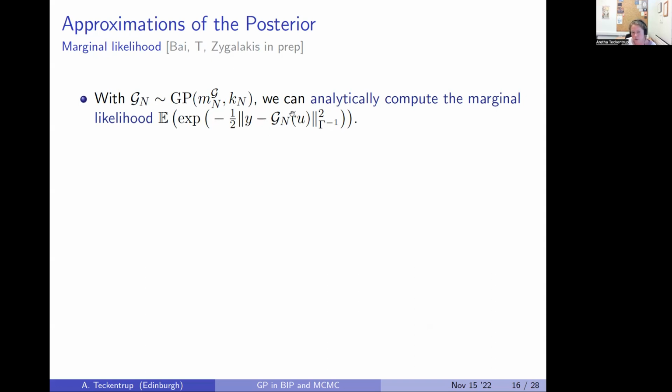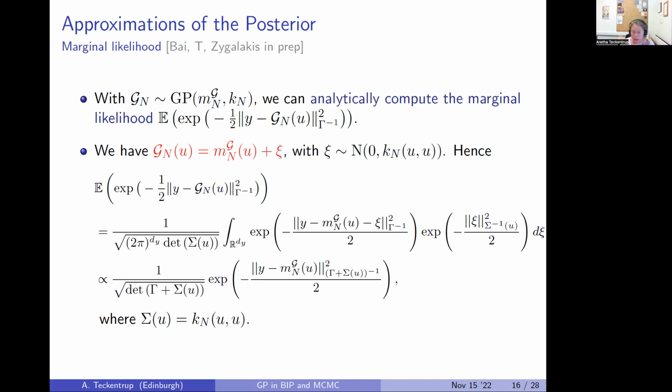When this random surrogate model GN is Gaussian, it turns out you can actually compute this expected value analytically. So it just turns into an integral. If your GN is a Gaussian process, then at a point U, its mean is just the mean MNG at U, and then you're adding on the standard deviation.